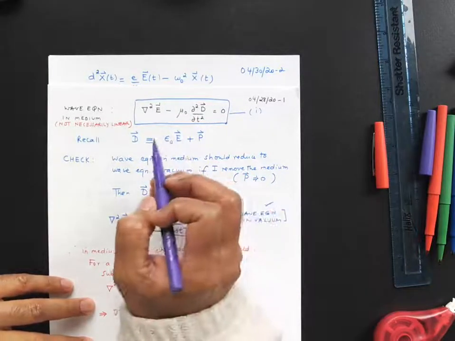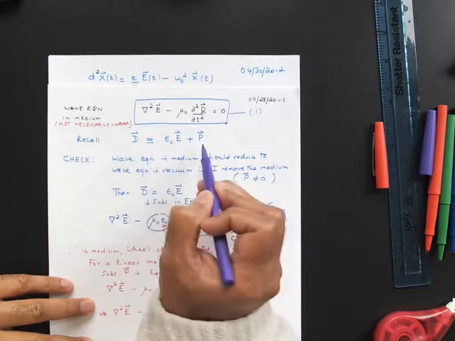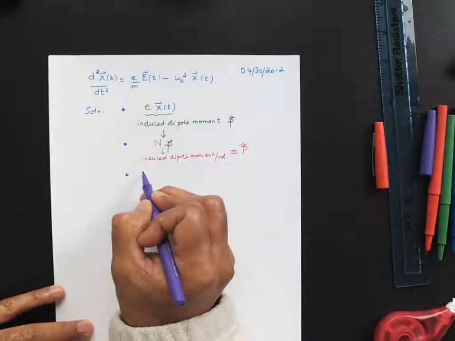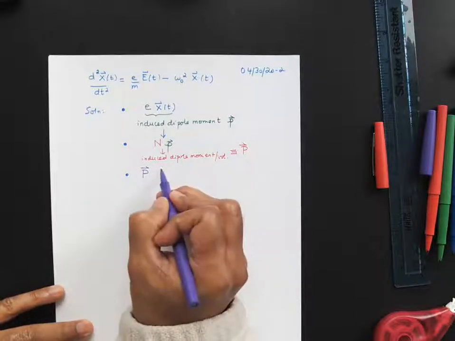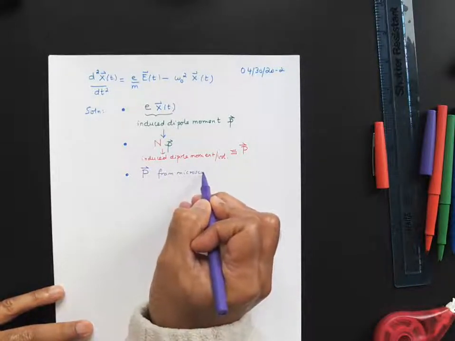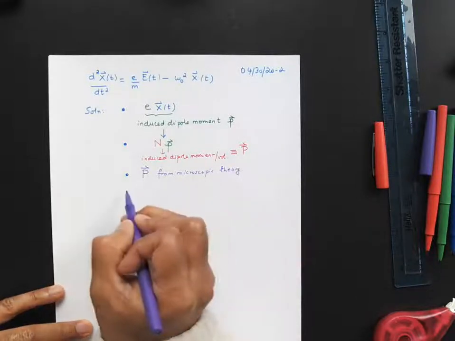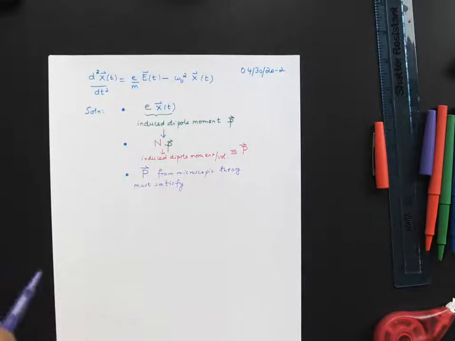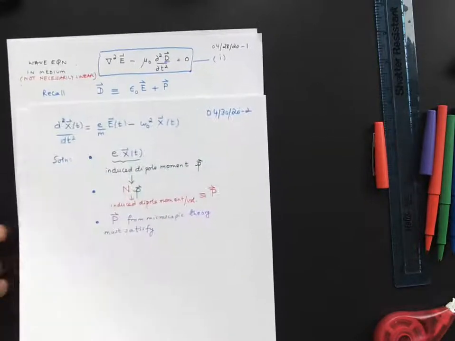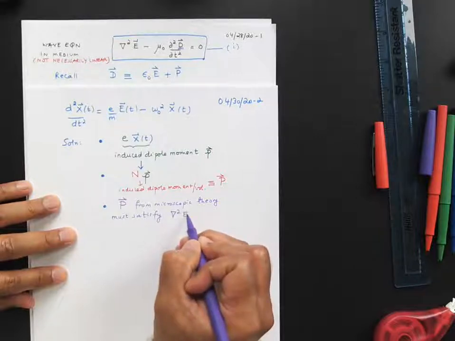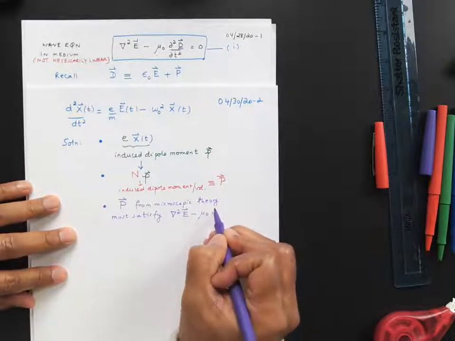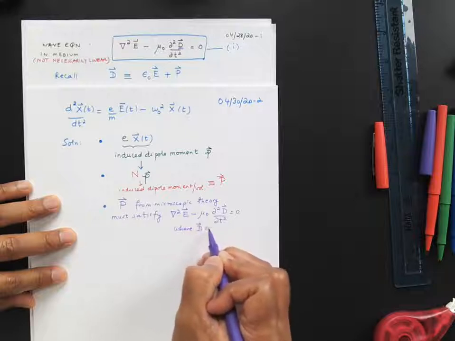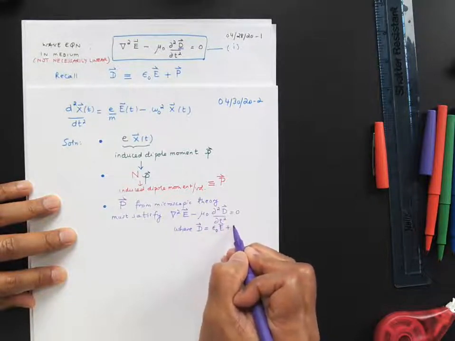Remember, this D is all this, so once I have this P from the microscopic theory, it must satisfy Maxwell's equation, which is this one, where this displacement field is epsilon naught E plus P.